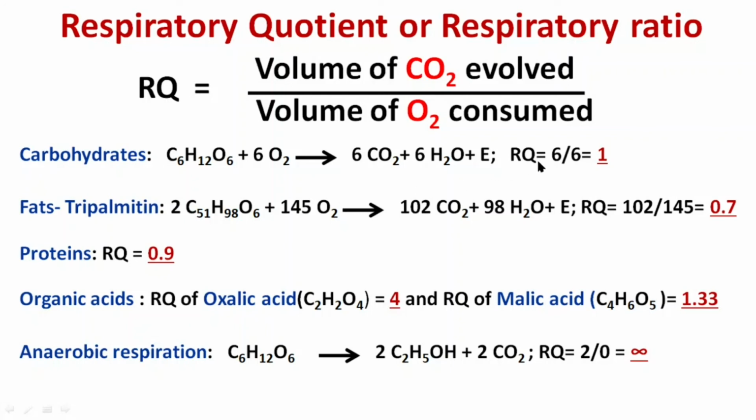You can understand this if you take the average of the RQ of carbohydrates, fats and proteins. This RQ value has clinical significance. Even without doing biochemical tests, we can easily say what kind of respiratory substrate is undergoing oxidation within the living system just by calculating how many molecules of oxygen are consumed and how many molecules of carbon dioxide are evolved.